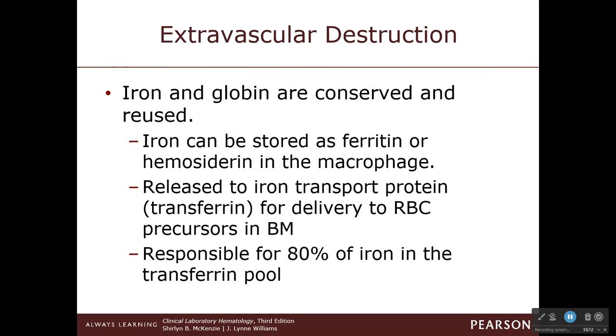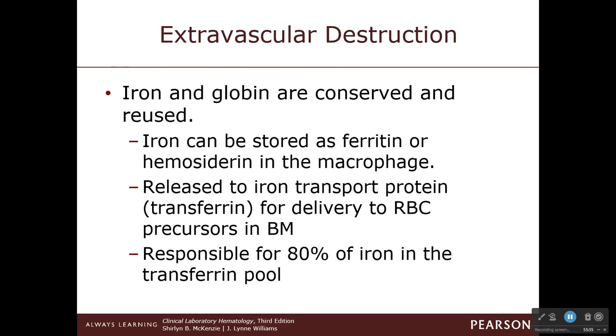Here are some terms you need to know. Iron can be stored as ferritin or hemosiderin. Both of these are usually stored in the bone marrow. So when we do our iron stains, that's what we're staining for. We're looking for stores of ferritin and hemosiderin.